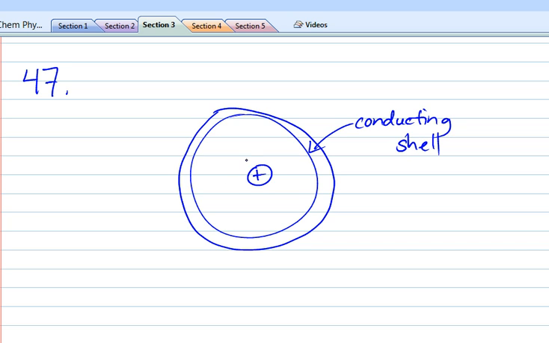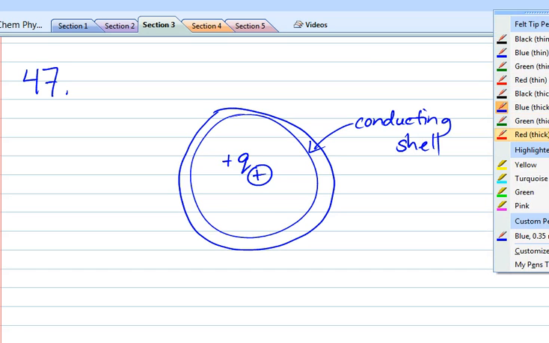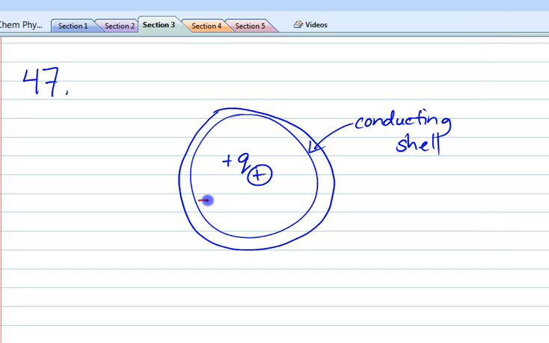And this is a charge of positive Q. Now because it's conducting, it's metal, the electrons are going to be drawn to the inner surface so that there will be some negatives, which when you add them up, will add up to negative Q. Now those negatives had to come from somewhere, so that means that the outside will become positive Q.